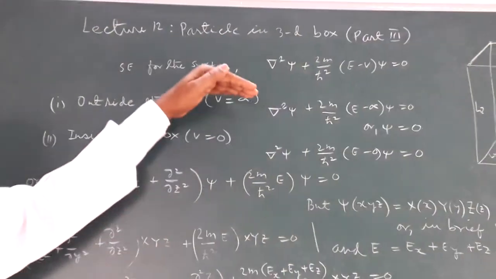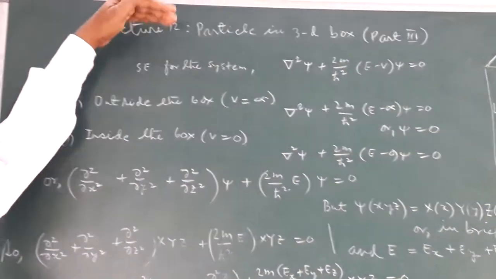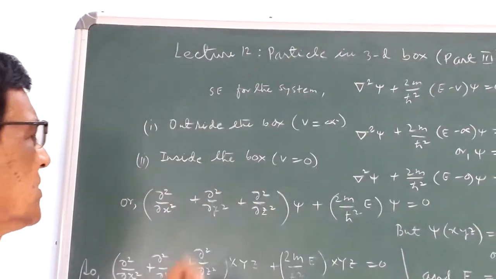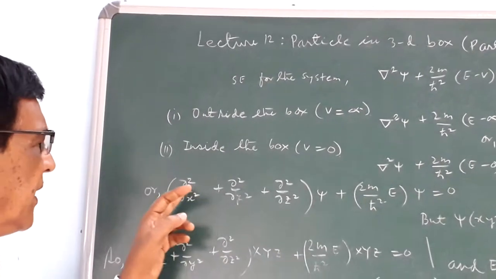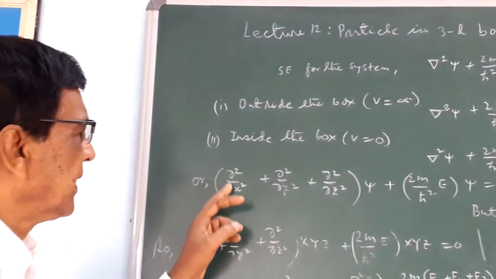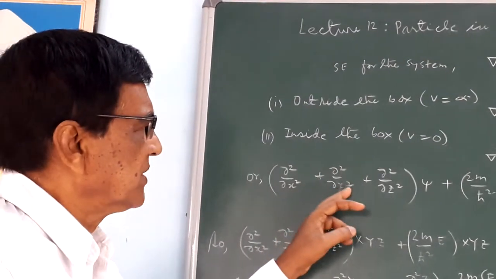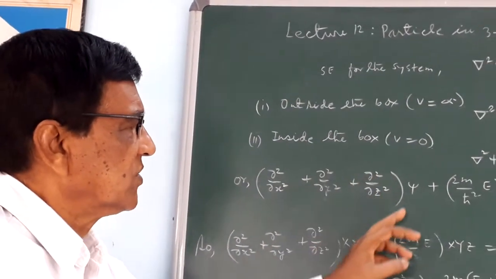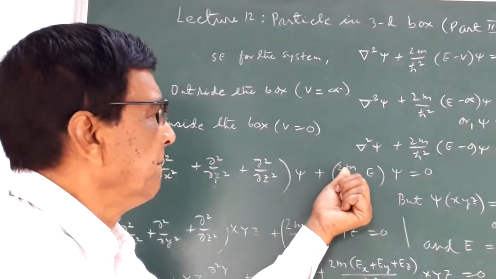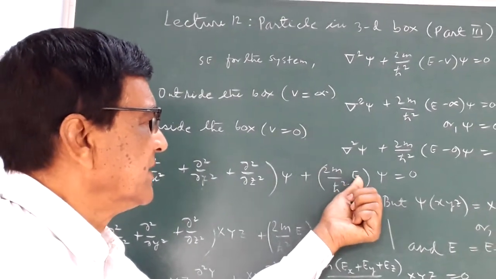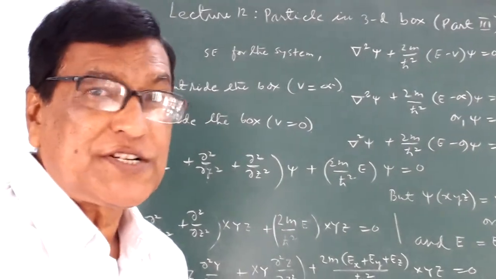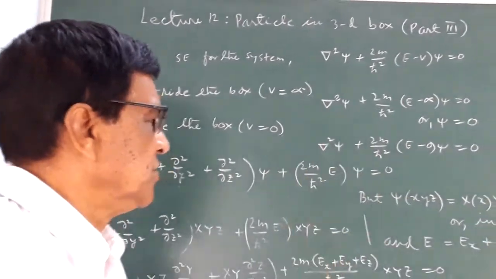So whenever we are writing the Schrödinger equation for inside this box, I have del squared, that is del 2 by del x squared plus del 2 by del y squared plus del 2 by del z squared, acting on psi, plus 2m, where m is the mass of this particle, and E is the energy, over h cross squared, where h cross is the Planck's reduced constant, times psi equal to 0.